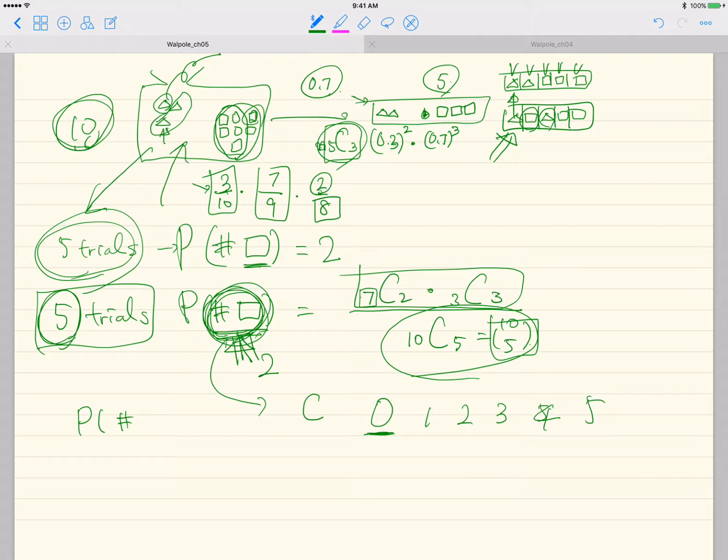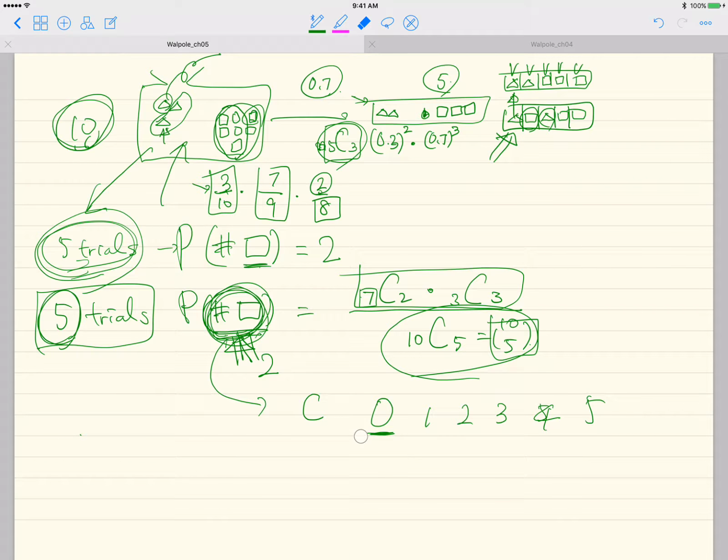But what about this? We slightly change the random variable so that it means the number of triangles out of 5 trials. I was a little confused.